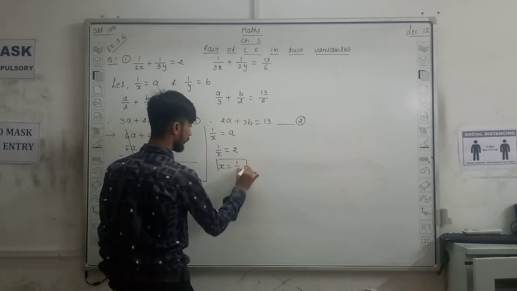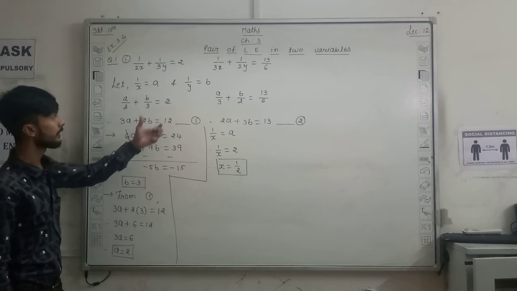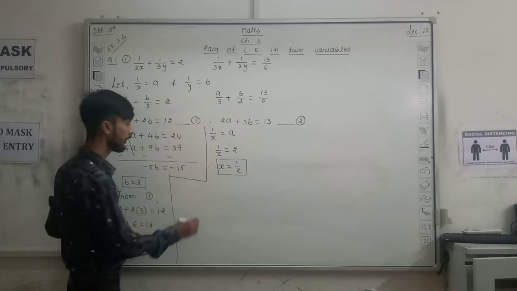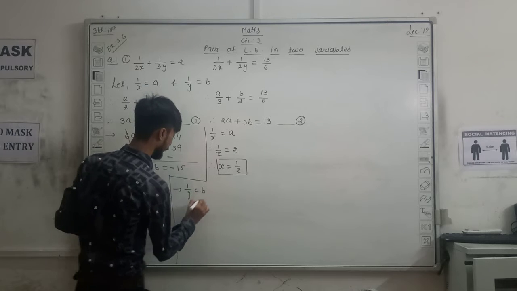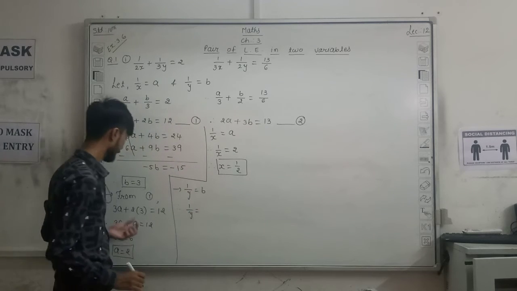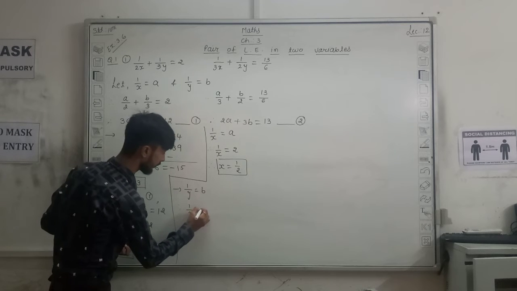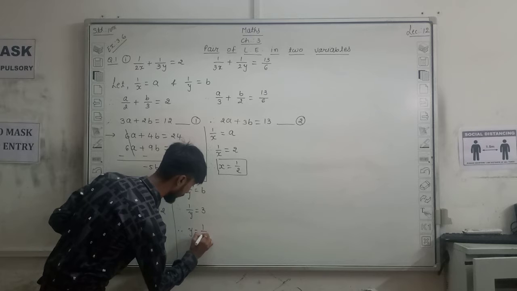So this is the value of x. Right? Now the same for y. 1 upon y equals b. Therefore 1 upon y, what is b? B is 3, right? So therefore y equals 1 by 3.